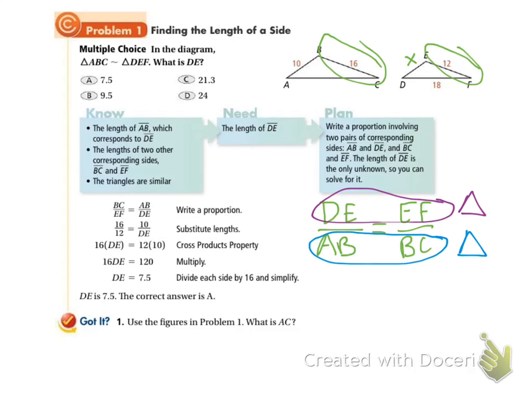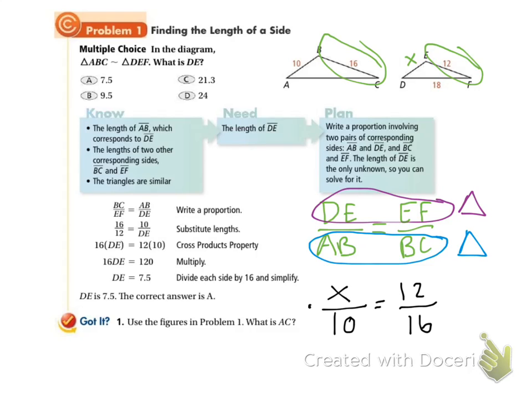So then if I plug in numbers, I don't know what DE is, so I'm calling that X. AB is 10. EF is 12. And BC is 16. If I need to, I can cross multiply. In this case, there's a shortcut.